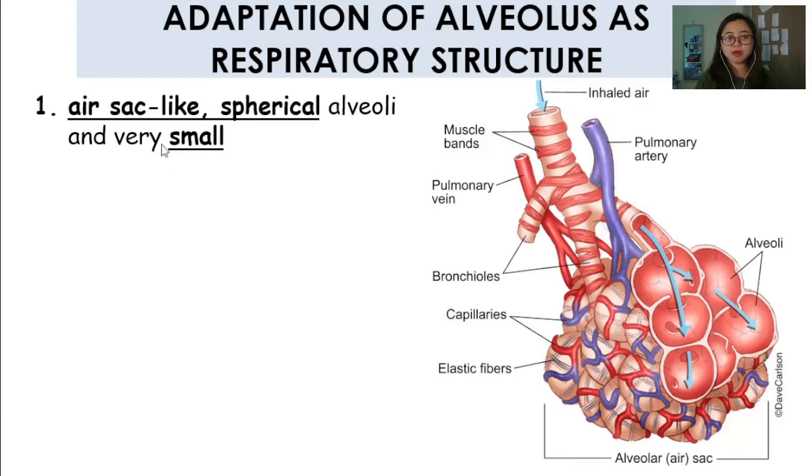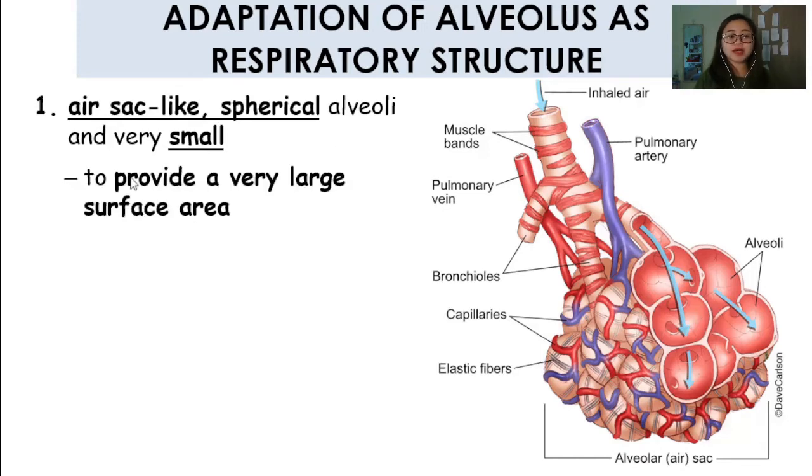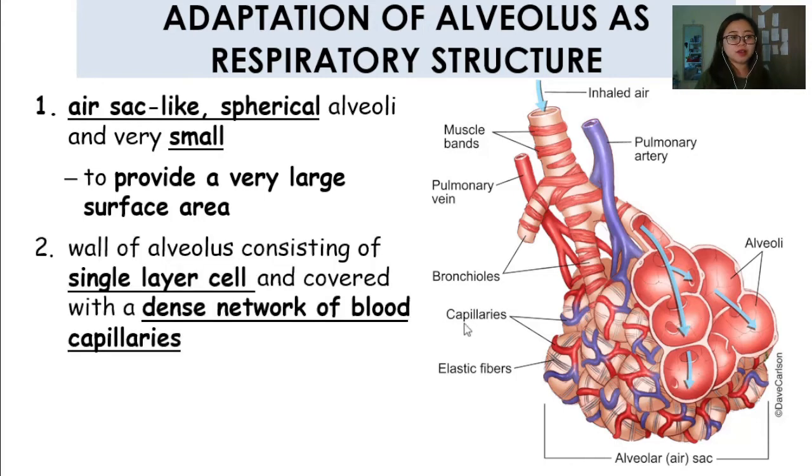Air sac, maksudnya dia adalah kantung udara. Ini adalah organ yang seakan-akan kantung udara. That's what air sac-like means. Spherical, they are in the shape of a sphere, and they're very small. Because of their shape and size, they are able to provide a very large surface area.